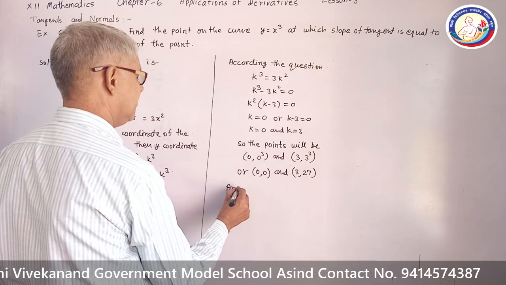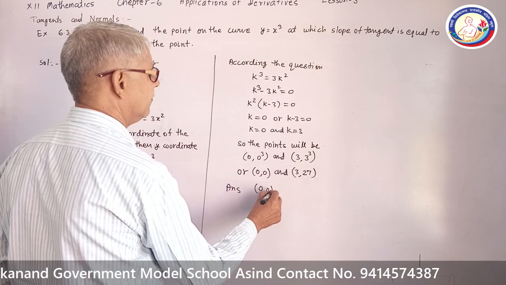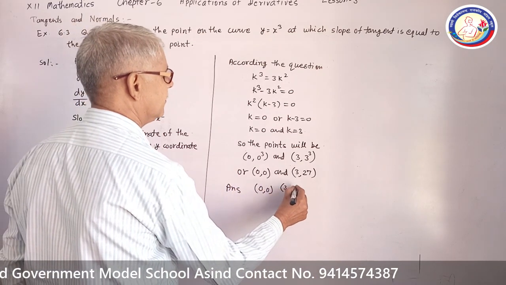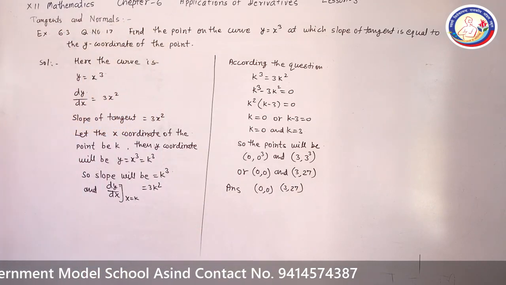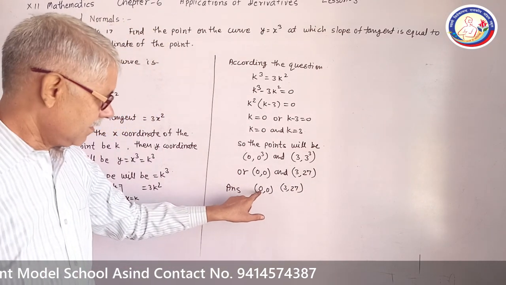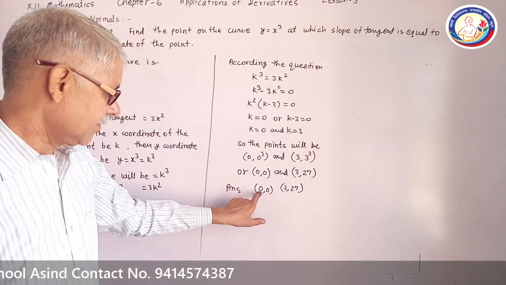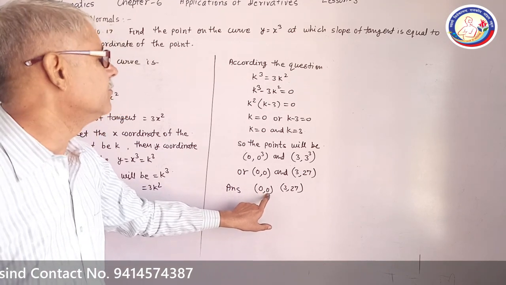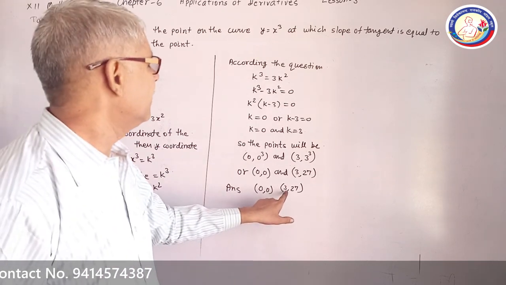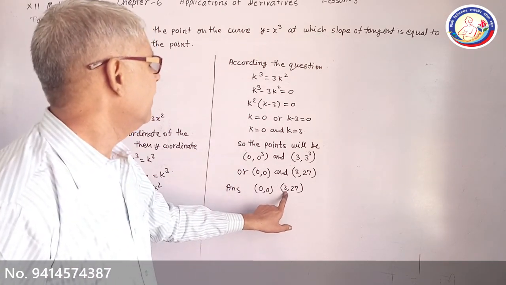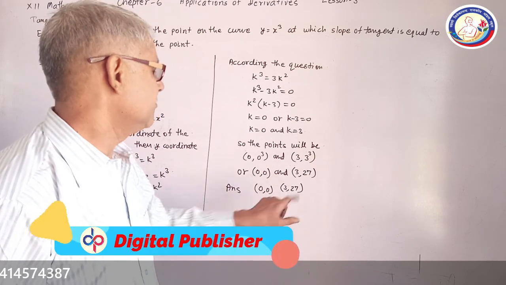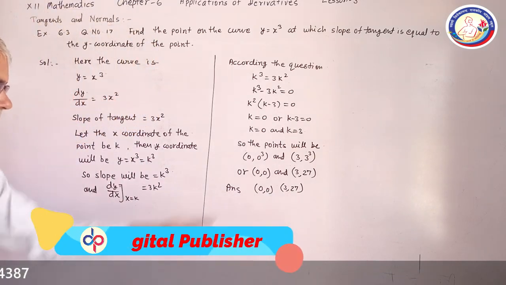So answer will be (0, 0) and (3, 27). Here x coordinate will be 0 and y coordinate will be 0. Here x coordinate will be 3 and y coordinate will be, sorry, it's 27.